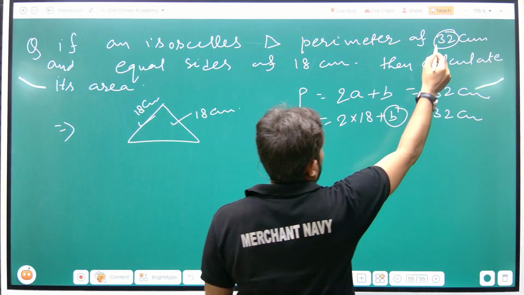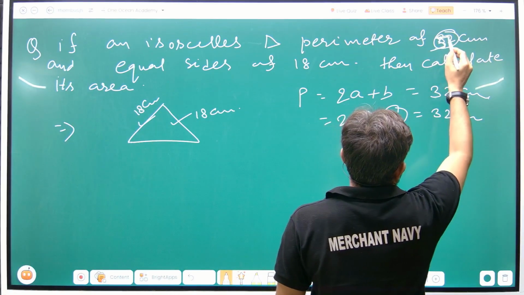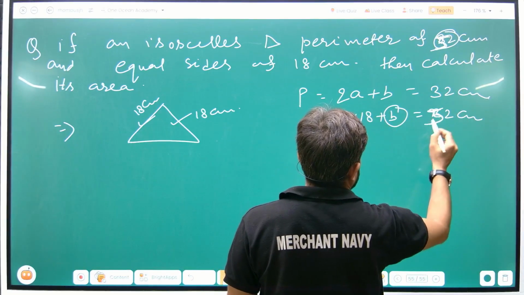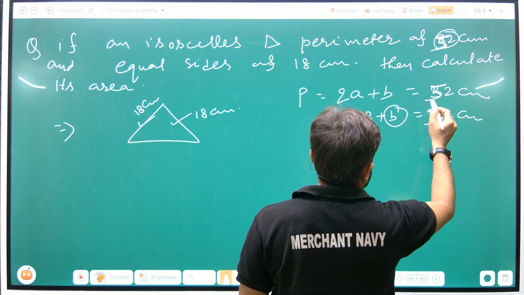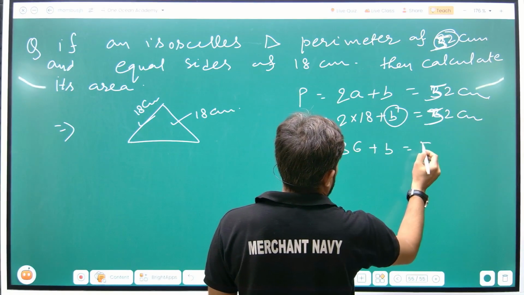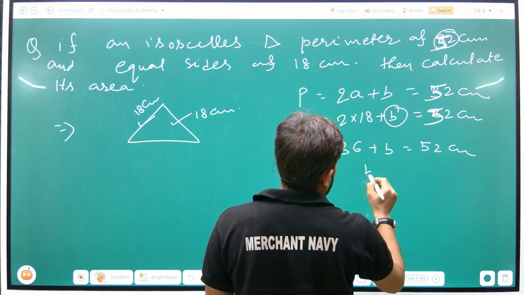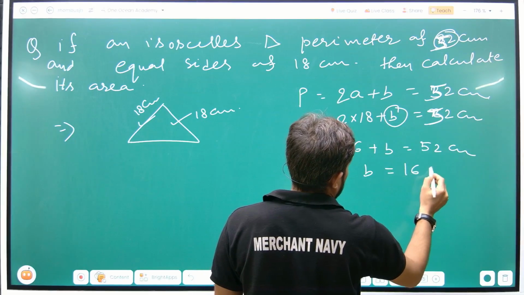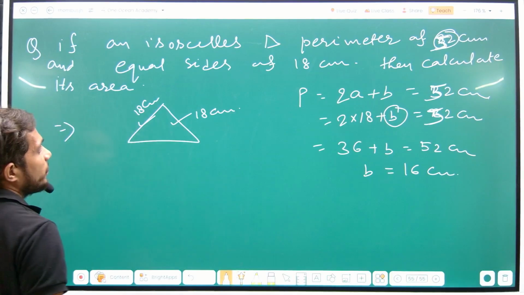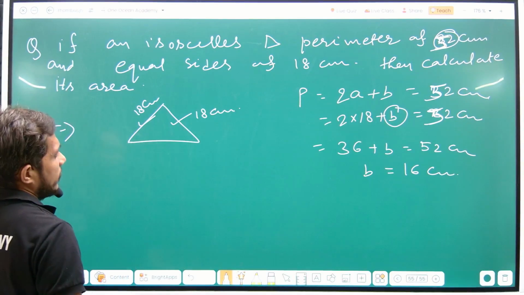No, this is not 32, this is 52 centimeter. So that becomes 36 plus b is equal to 52 centimeter. Now the value of b is equal to what? 16 centimeter. Now calculate its area.